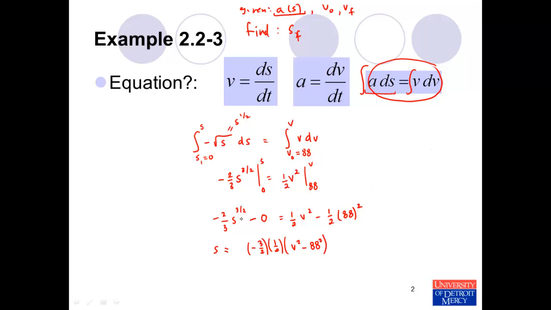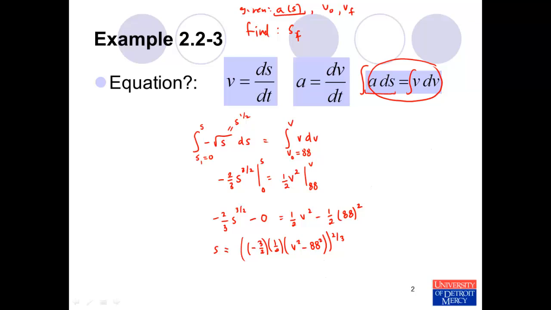In order to get rid of this exponent, 3/2, we need to raise both sides to the reciprocal, 2/3. And so there's an expression for the position as a function of velocity. That could be useful for checking things.